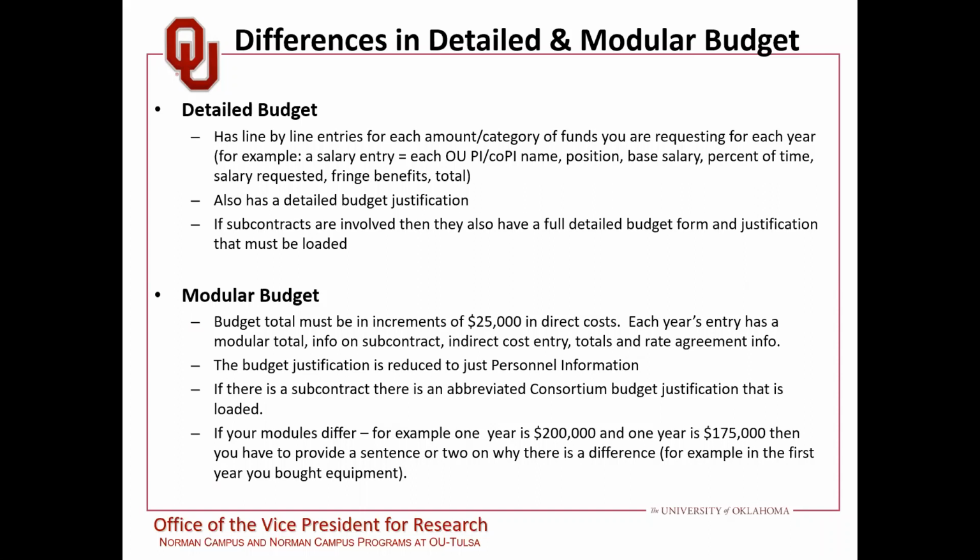If your modular amounts differ, for example, in one year you have 100,000 and in another year you have 200,000, you have to say why they differed. A very common explanation is that, for example, maybe in year 2 you added a grad student. So that's all you have to put: the modules are different because in year 2 a grad student was added. Or maybe year 1 was higher because you had equipment. So you just say year 1 was higher than year 2 because you had equipment.